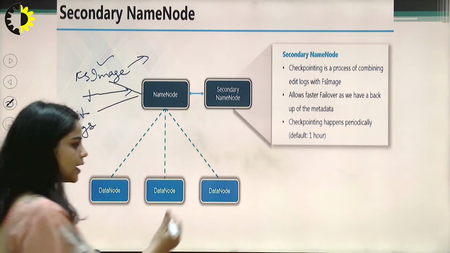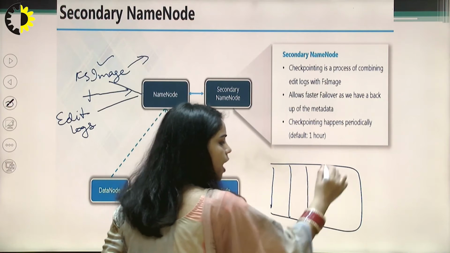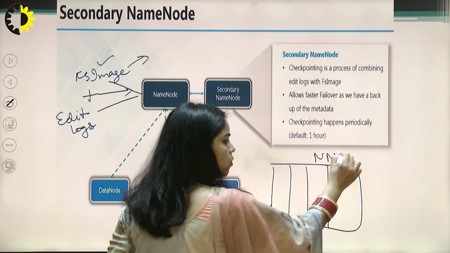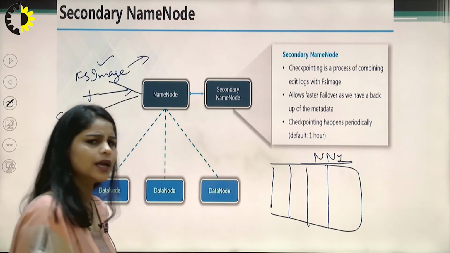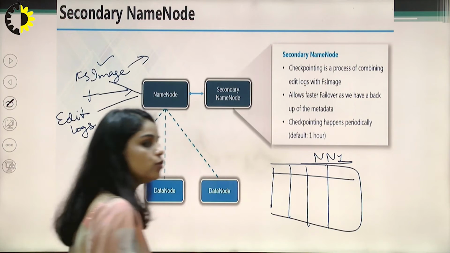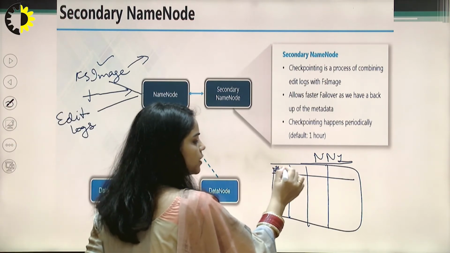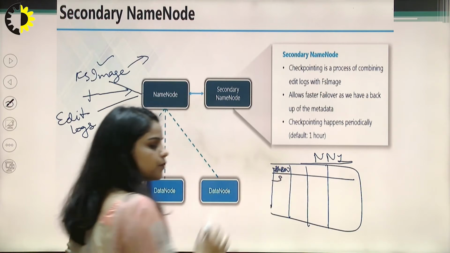Let's say it is the first day of creation of name node, and because name node is created today only, it might have very little information. Let's say how many data nodes are associated with this name node. Up till now, the number of data nodes associated is 3.